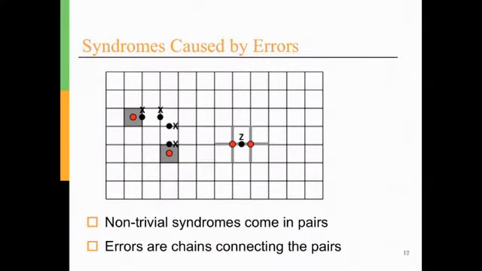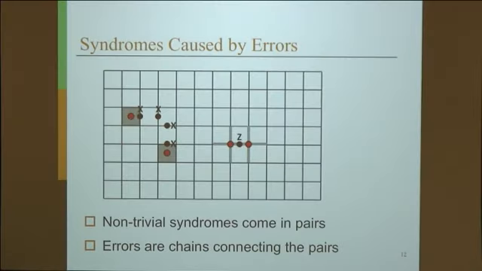And how do we decode errors that occur in these topological codes? Well, when we do our syndrome measurements, we will detect locations with non-trivial syndromes, which are shown in red color in this figure. So these 4 syndromes were measured as non-trivial syndromes.